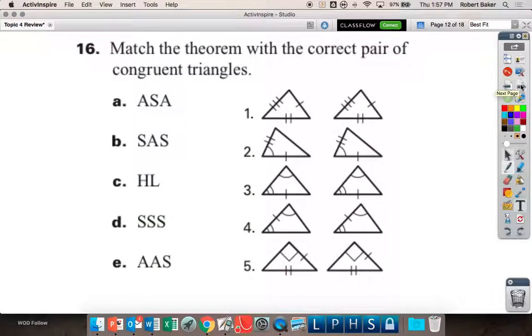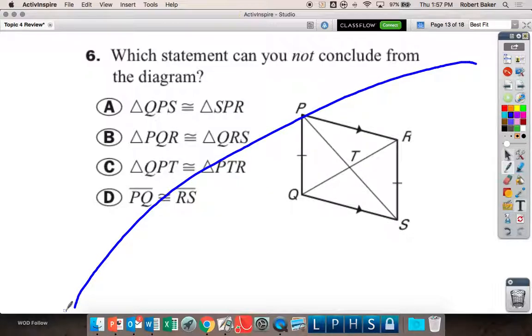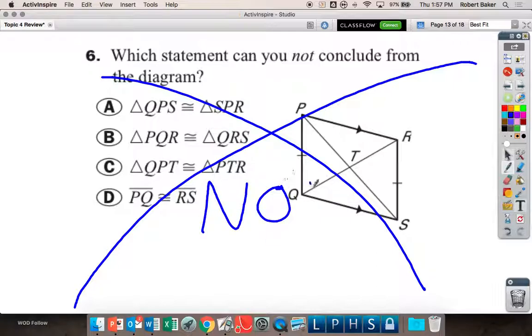Alright, I'm going to let you try this matching section by yourself. It is matching, so 1 for 1. You cannot reuse the letters. Number 6. It's just a bad question.